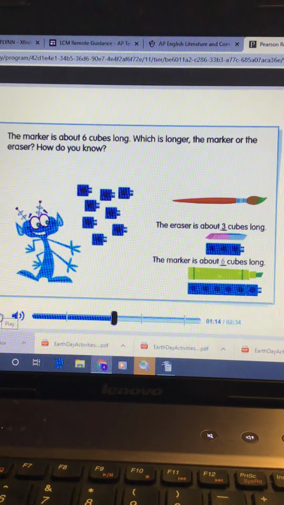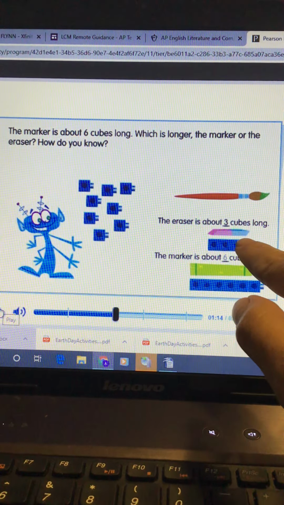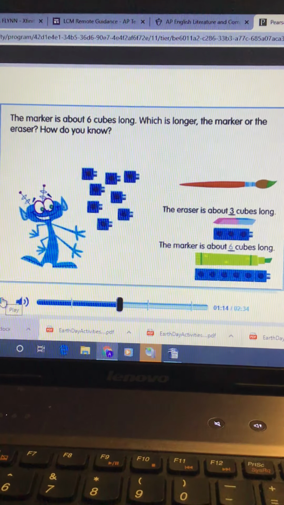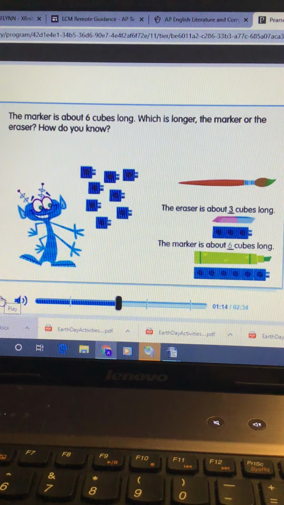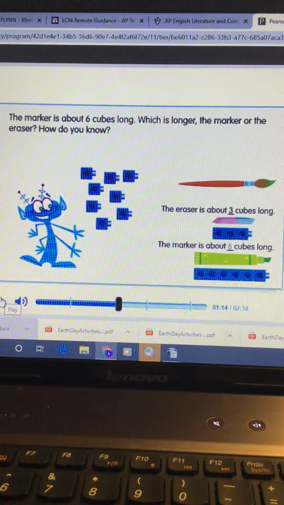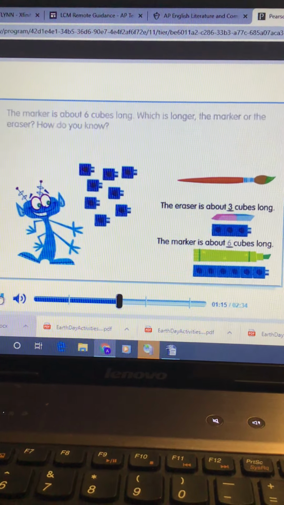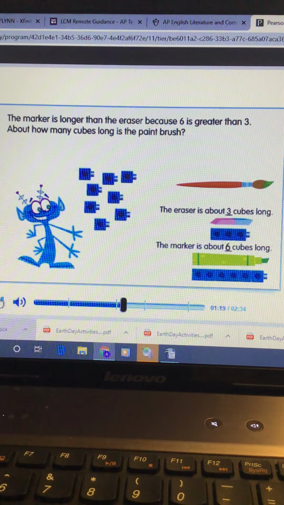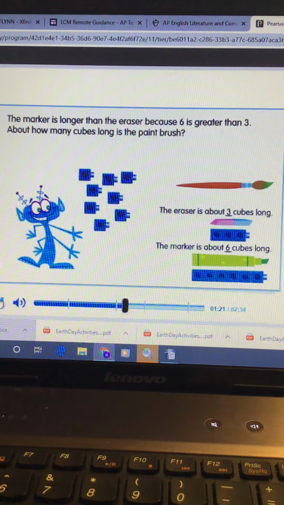When you look at them, you know that 3 is a smaller number than 6, or you could say 6 is a larger number than 3. So whichever one has more is the greater number or the greater amount. The marker is longer than the eraser because 6 is greater than 3.